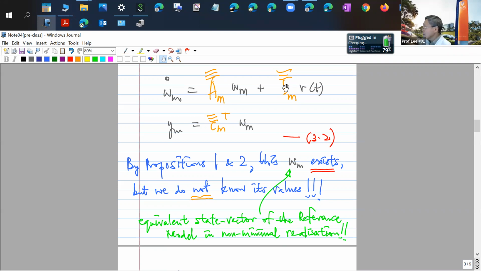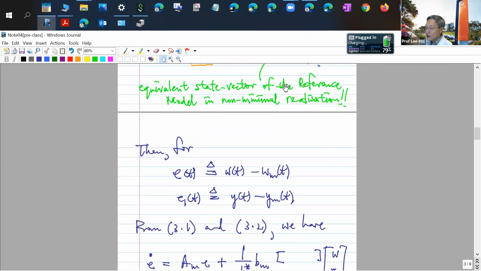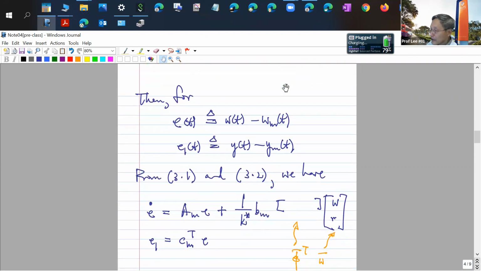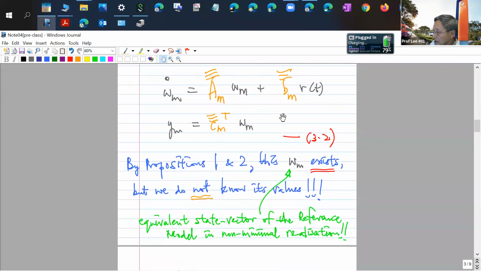Never mind. For now, it's good enough that it exists. Since it exists, I still can track a conceptual state tracking error. I myself cannot put my hands on it and use this signal, but it exists. This is from the reference system.